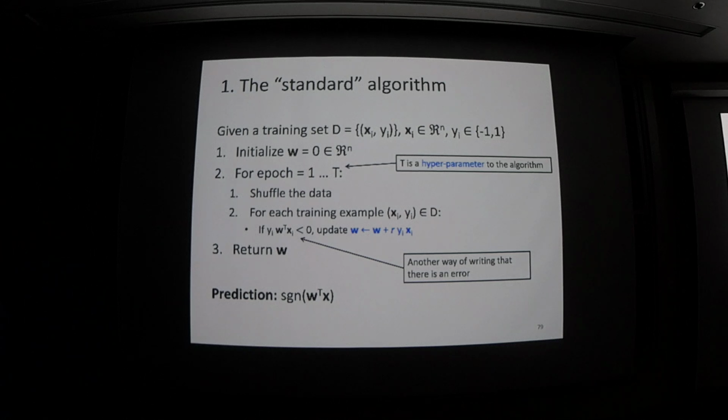Why should we shuffle the data in each repetition? That's a good question. Shuffling the data means that every time you stream the instances in a different order. So you train the perceptron in a more balanced way.